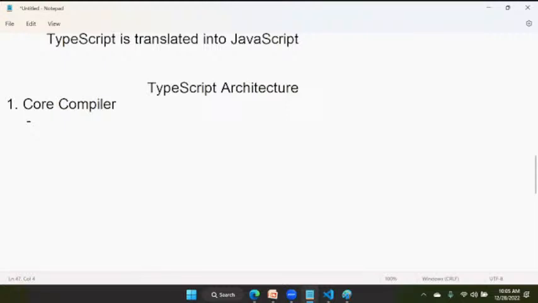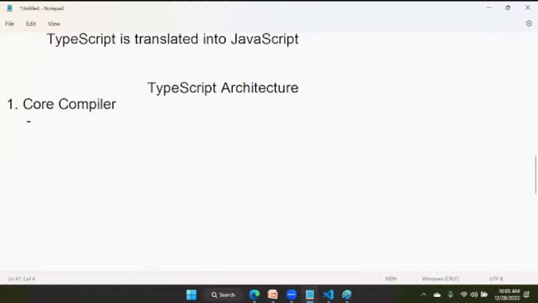Do you know any JavaScript compiler names? One of the popular compilers is V8. V8 is a JavaScript compiler. We also have Babel. Babel is a JavaScript compiler. Wherever JavaScript is used and compiling is required, they use compilers.